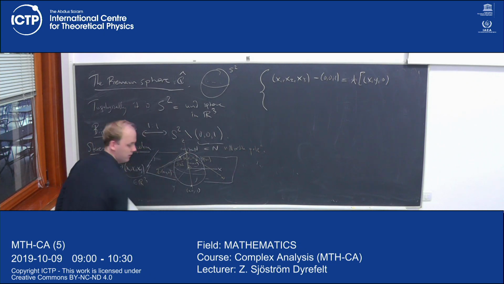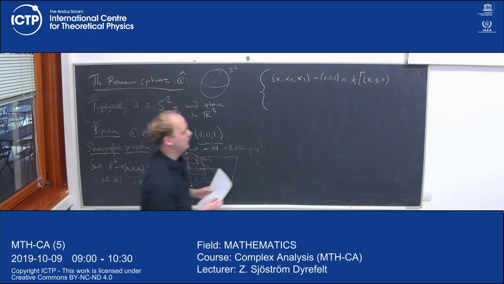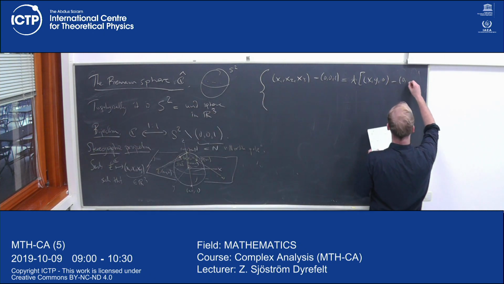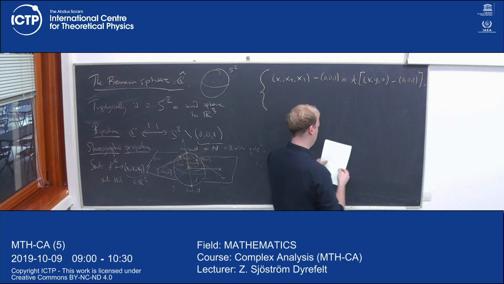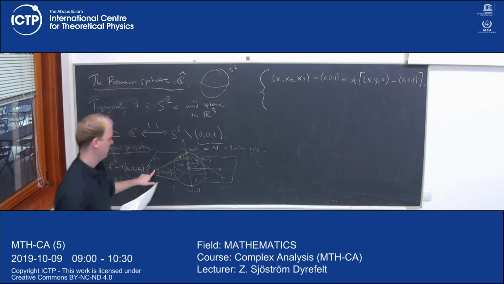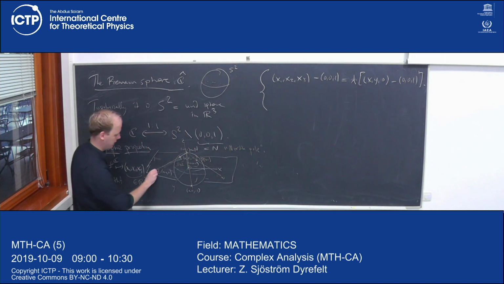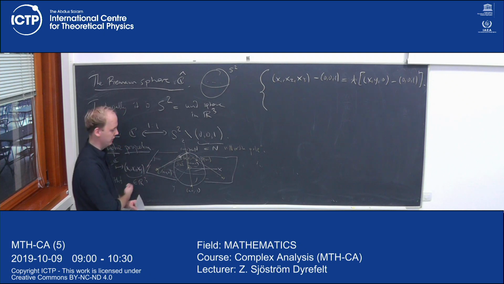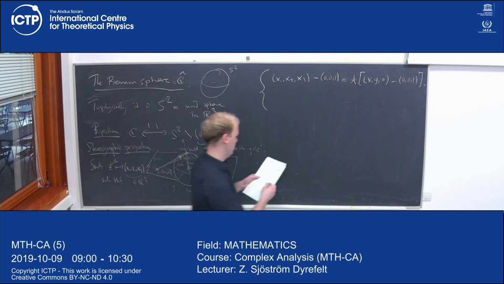It's x, y, 0 minus the North Pole, for some lambda. So you're with me on this. So this vector here is a multiple of this line here. This means that they lie on the same line between Z and the North Pole. Okay, so we want this to happen.